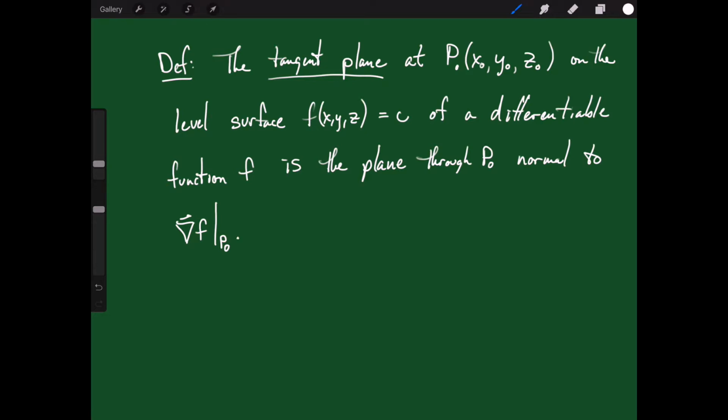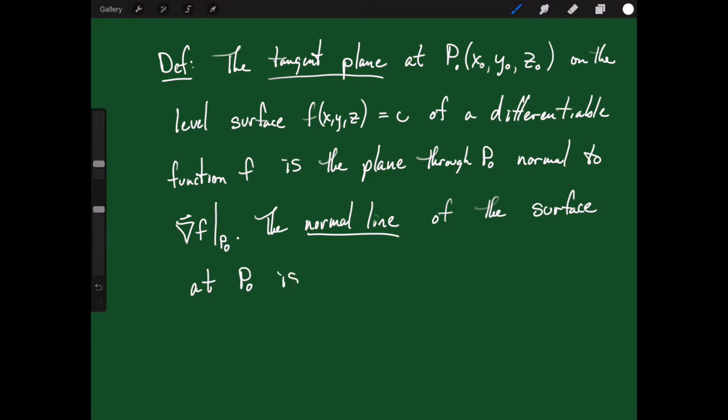And also the normal line of the surface at p sub 0 is the line through P0 parallel to the gradient of f evaluated at P0.